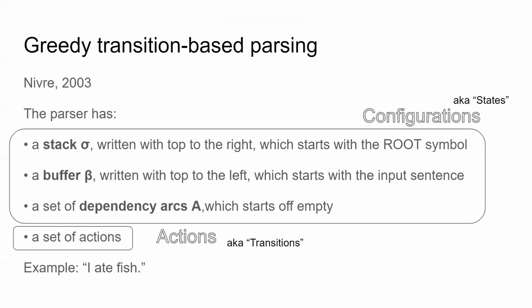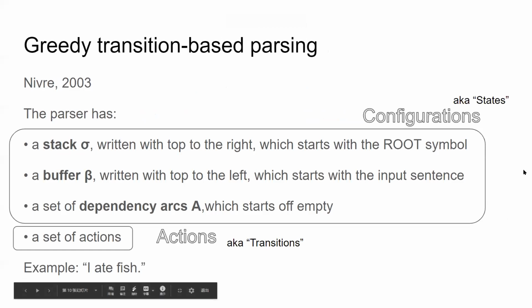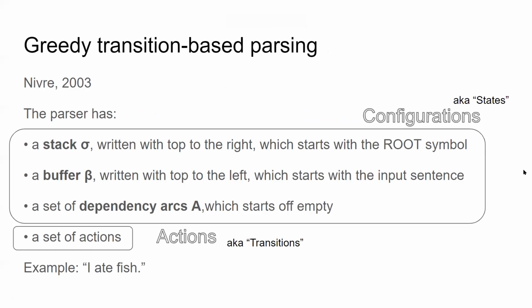There are two very important concepts in a transition-based parser. One is called configuration, also called states, and the other is called actions or transitions. In a configuration, there are three things: a stack, a buffer, and a set of dependency arcs.